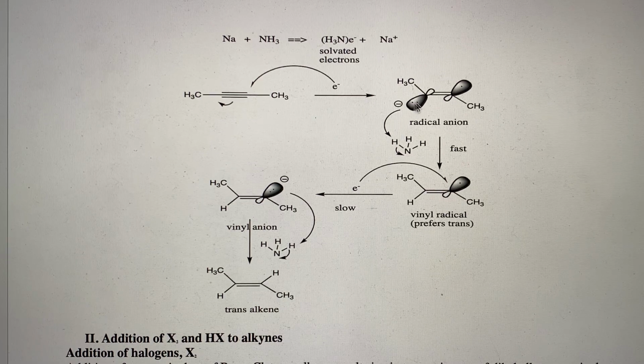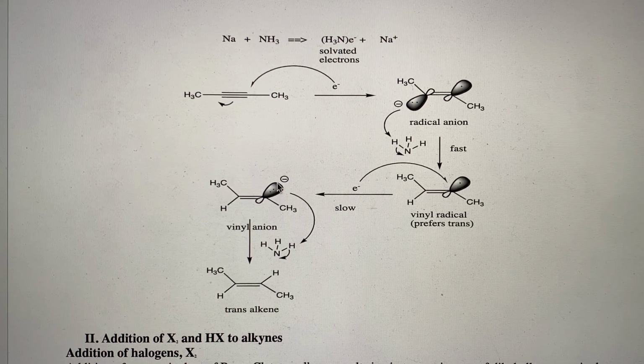And obviously the anion looks for hydrogen from an ammonia molecule, to recycle the base, which is good. Now it takes the hydrogen, so it releases the amide, a very strong base. But anyway, another electron will be added to the other carbon, the radical, so that pairs it up into an anion.